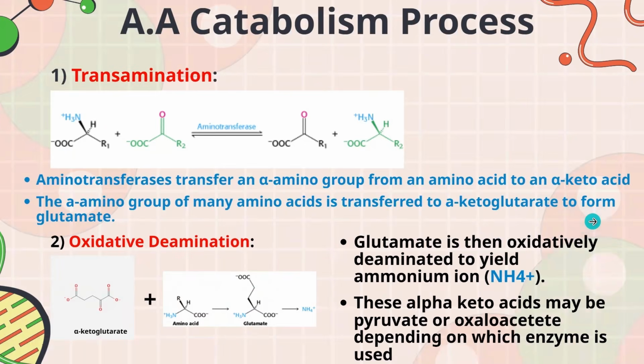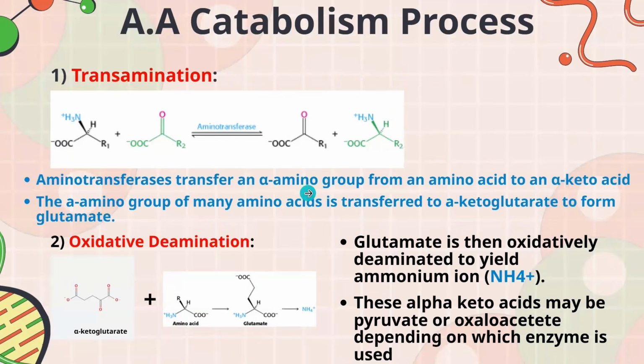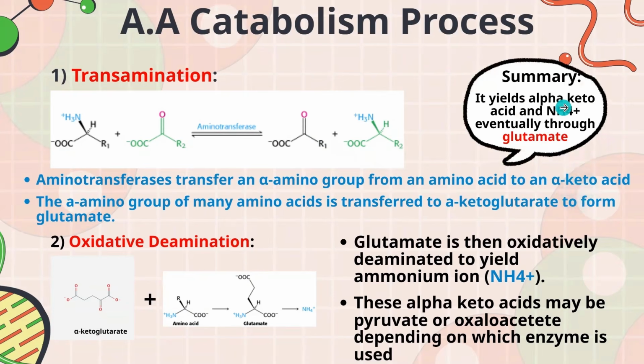Also, these alpha keto acids may be pyruvate or oxaloacetate, depending on which enzyme is used. After the transfer from alpha ketoglutarate, they may end up as other byproducts, and we're going to talk about it in a second. In summary, it yields a new alpha keto acid and NH4 eventually through glutamate.